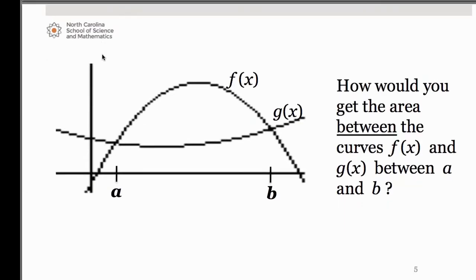So now I want to find the area that's in between f and g. Any thoughts on how we could do that? Think about our circle that was inscribed inside the square.